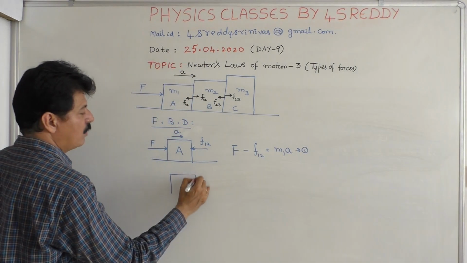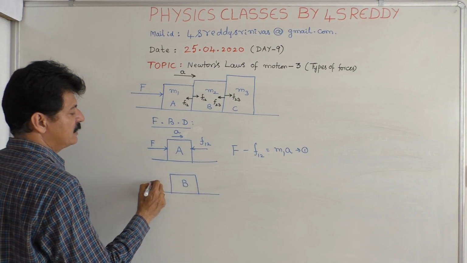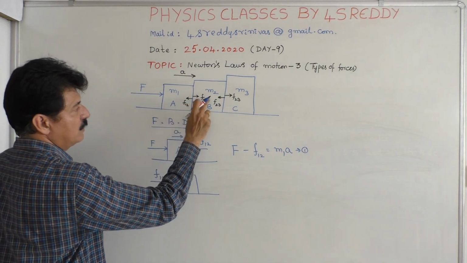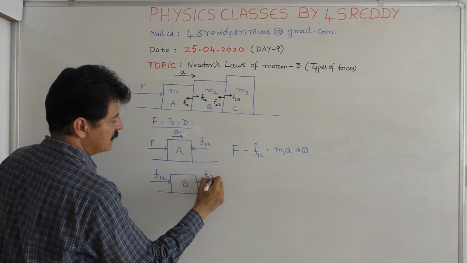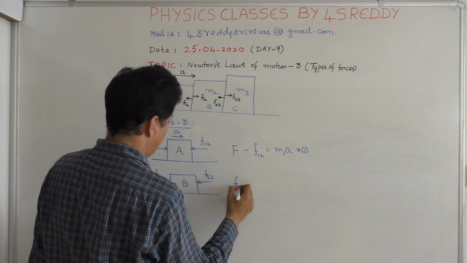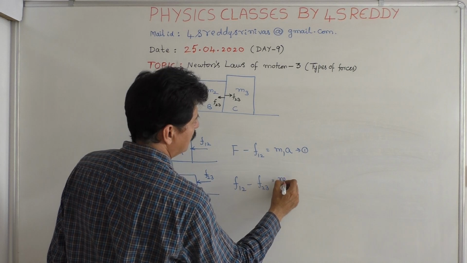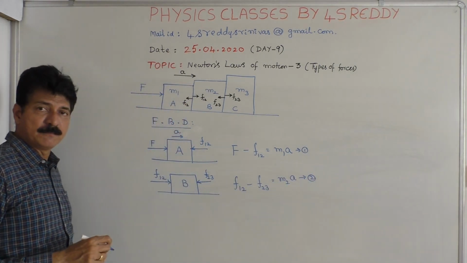For the second one, if you take B, F12 is in this direction, F23 is in this direction. Therefore F12 minus F23 is equal to M2A, the second equation.